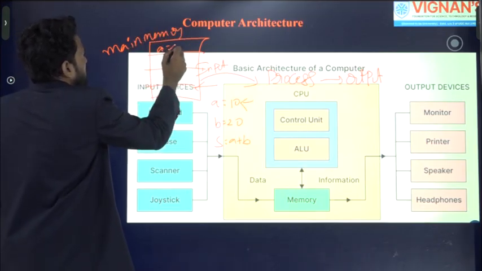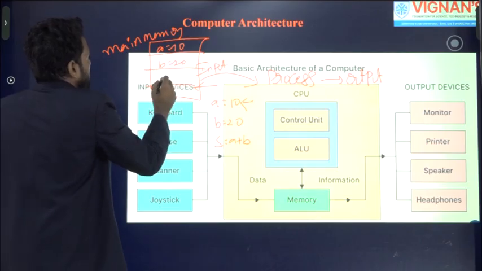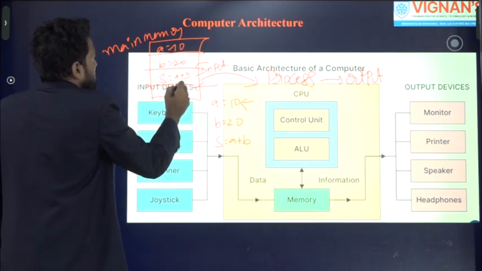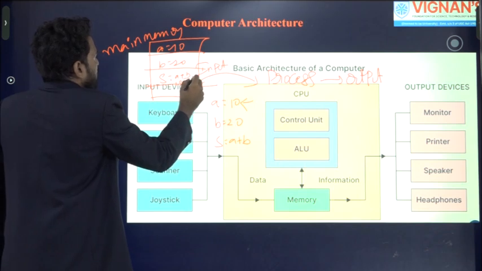Here I have declared A equal to 10, B equal to 20, S equal to A plus B, that means 10 plus 20 equal to 30.